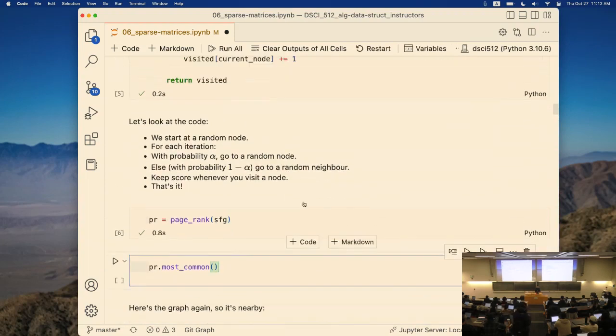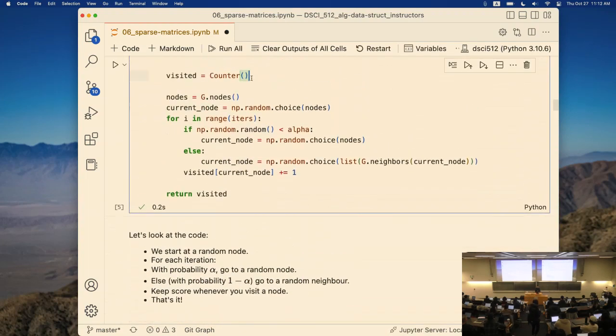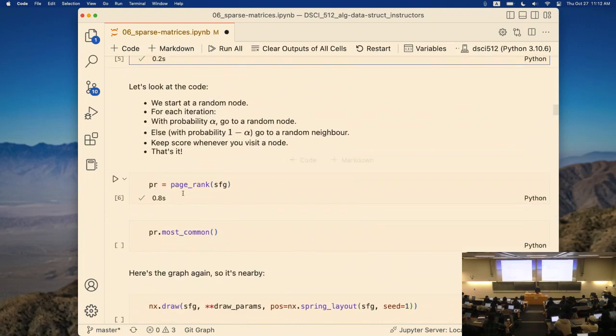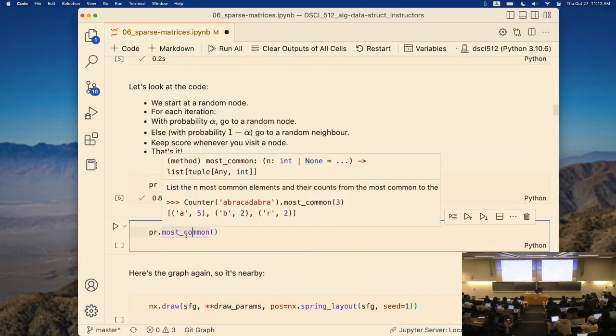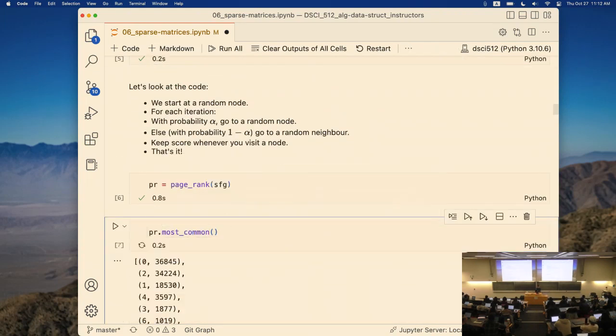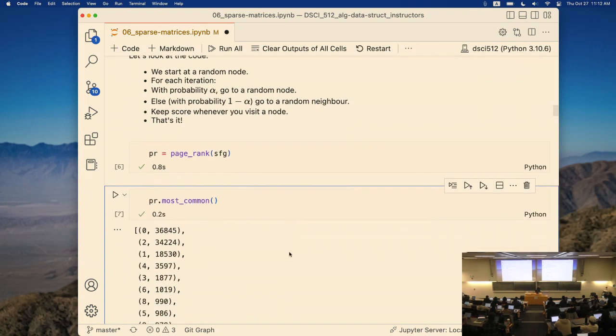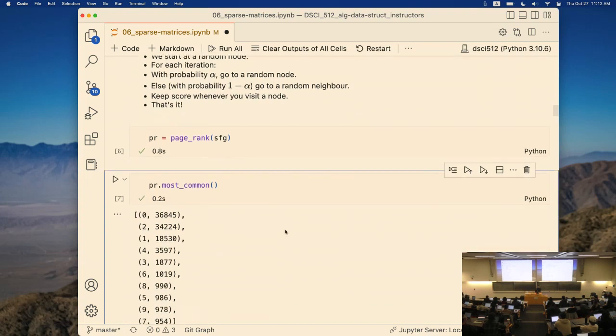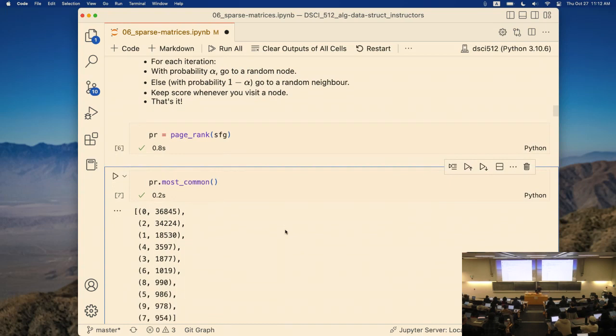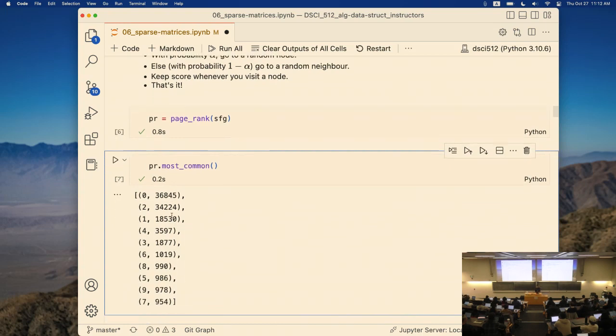Because I have defined visited as a counter, there is a convenient method that comes with it called most_common, which basically gives us the most common counts in that counter object. Here we can see that, you guessed it right, node 0 was very important. So there is some correlation between the number of edges connected to a node and its importance in terms of the PageRank algorithm.